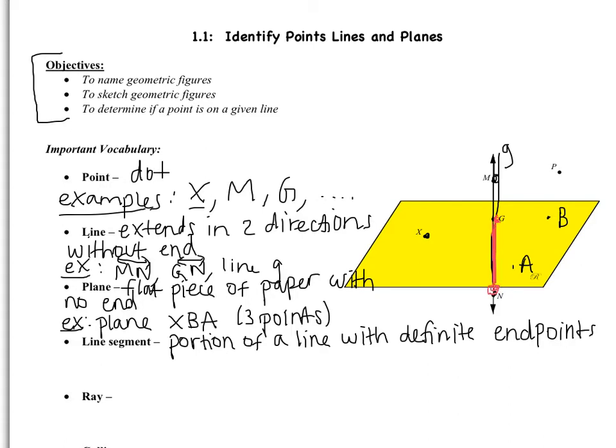It's just a part of the line. In order to write a line segment, you always have to use the 2 endpoints. So here the 2 endpoints are G and N, so I'm going to write GN with a segment over the top. We don't need the arrows because it's not a line. The arrows are only for the line. So in parentheses, we're going to write always use the 2 endpoints.